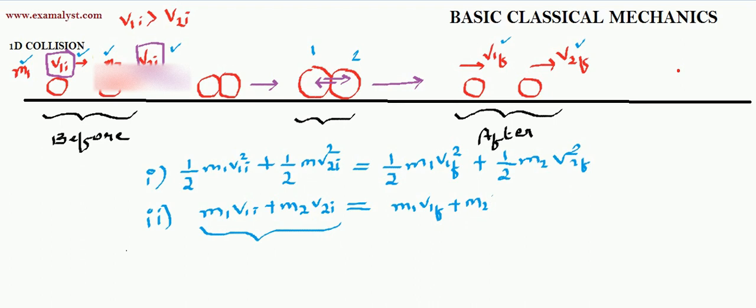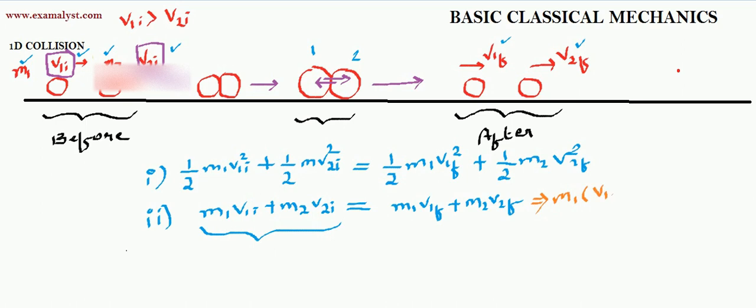Now we have these two data and we need to find v1f and v2f. How do we do it? Agreed? The approach is this. If you look at this carefully, you find that m1 multiplied with, look at what I'll do, I'll make a difference in velocities.